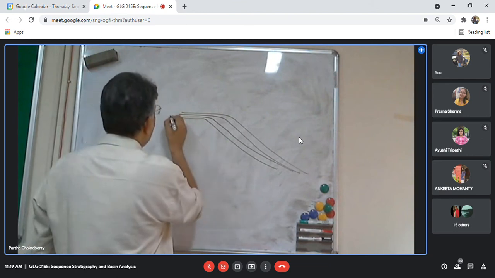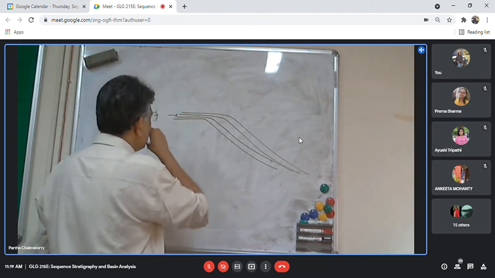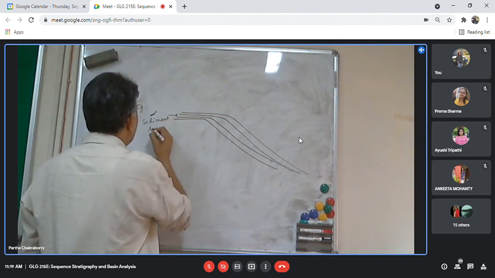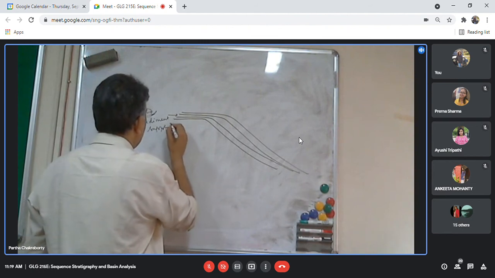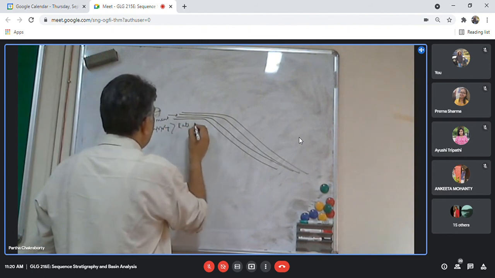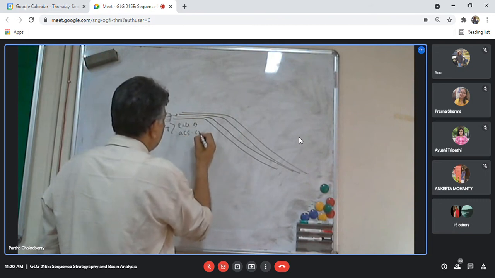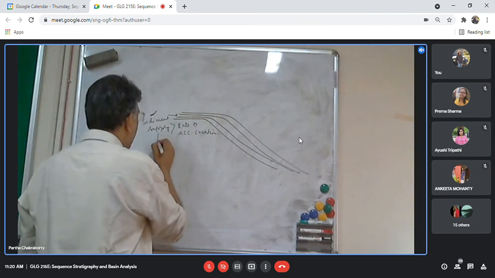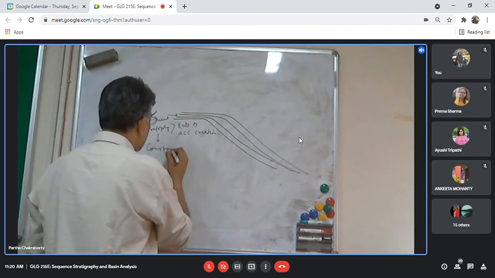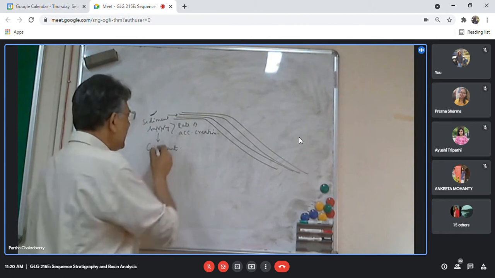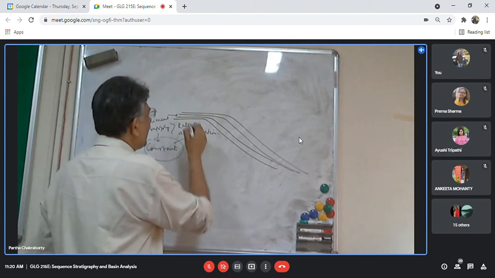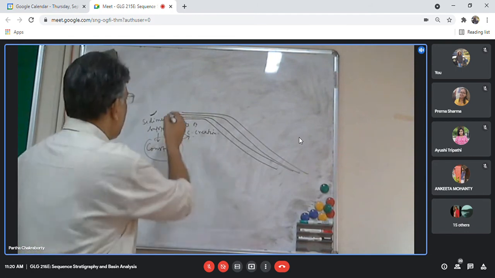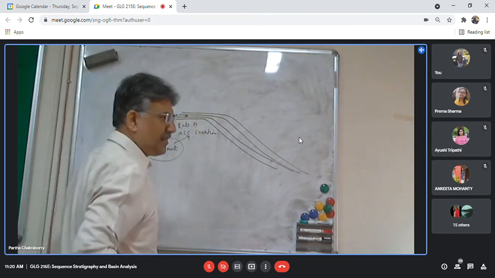Now, when you have a base level slowly rising and your sediment supply is more than the rate of accommodation creation, and sediment supply is constant, even if it is constant, it is always more than the rate of accommodation generation.